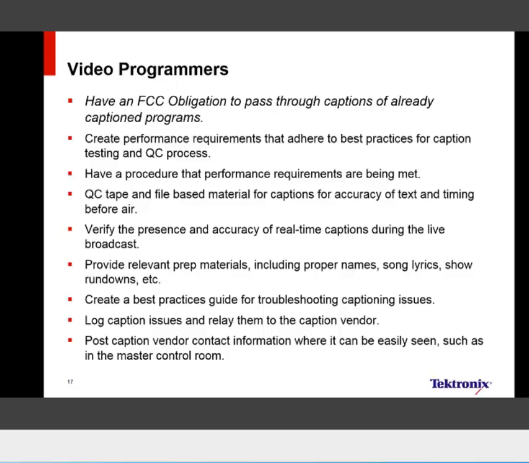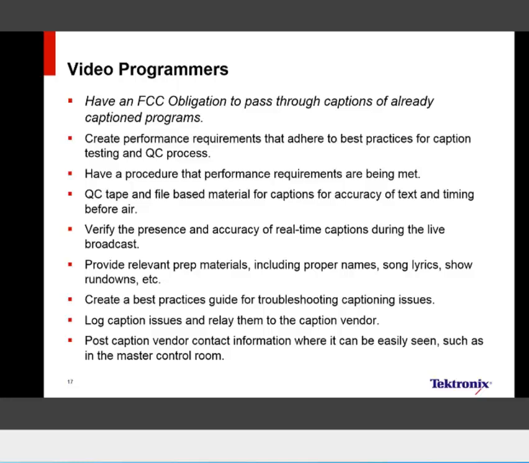We need to QC the tape and file-based materials and the SDI material that we are going to present before we air the material. We need to verify the presence and the accuracy of captions in real-time events and convey that information back to the captioner if there are problems, and provide relevant materials for what you're producing now and going to have captioned, because the new requirements say you must explain what is going on to the fullest extent possible.